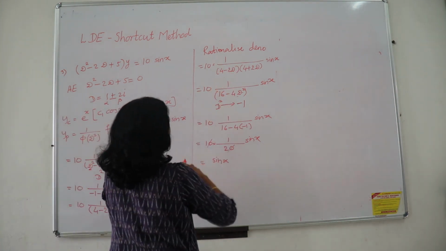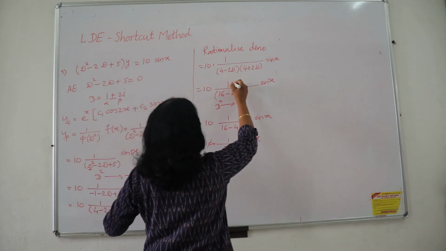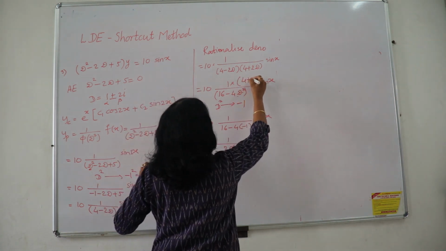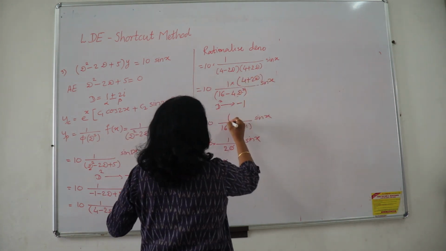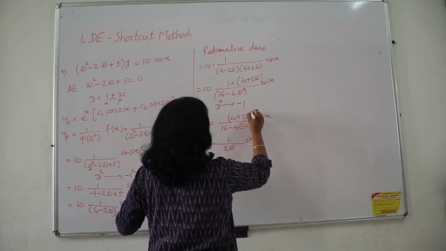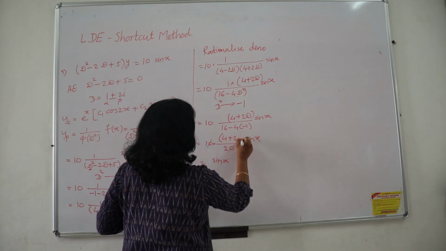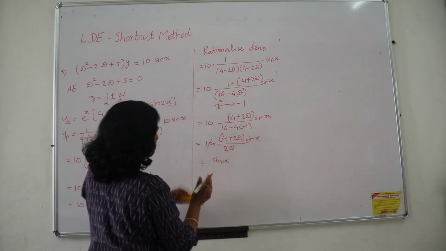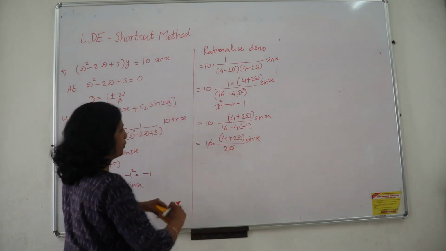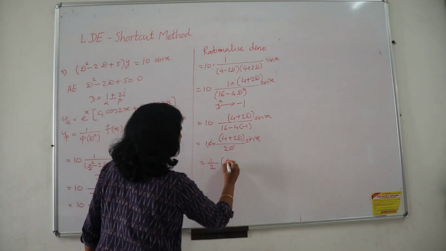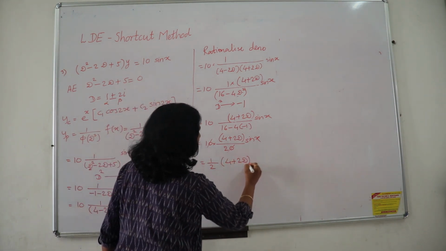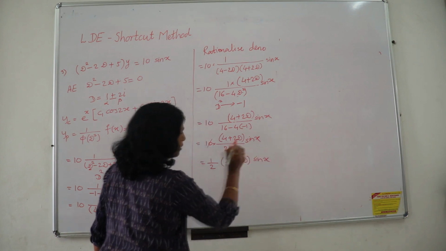Okay. Just I have to go here for 4 plus 2D also. I have to multiply here also. So 4 plus 2D is remaining here. And now when I am going for the denominator, first of all the denominator only is to be simplified. So this is 1 upon 2. Now this will remain here, and then 4 plus 2D will remain here, and this of course is going to act on sin x.